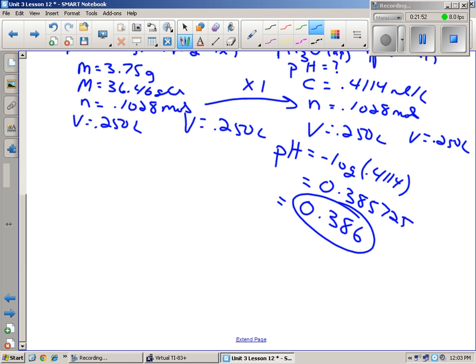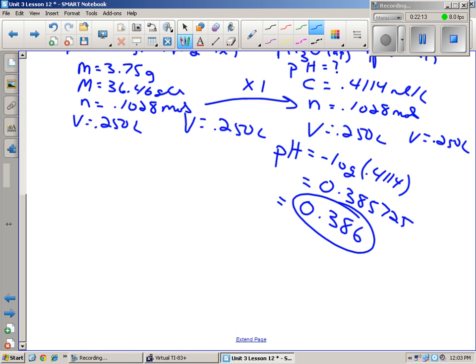Now that wouldn't work in a numerical response question because you wouldn't have enough room to write that. So obviously I'd have to make either one of those. I'll show you later on here. But 0.386 would be your final answer. Now, remember the 0 on the front doesn't count because it's pH.